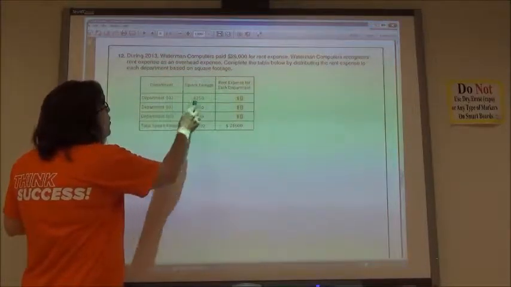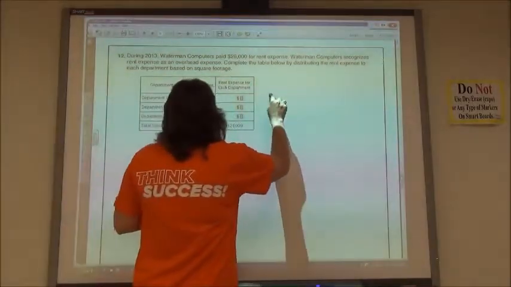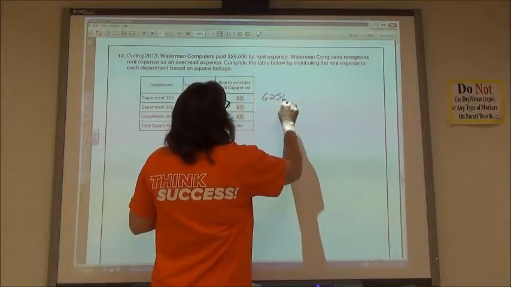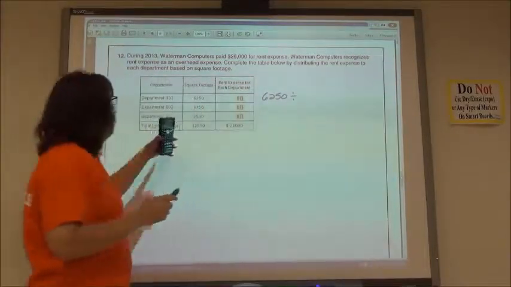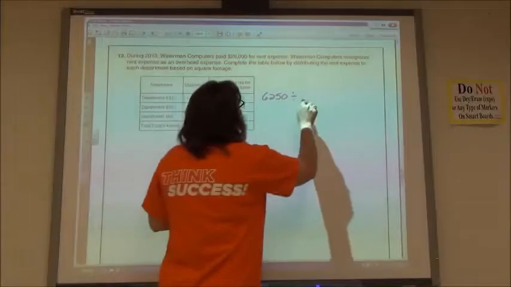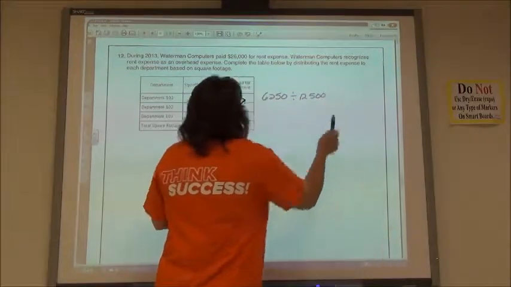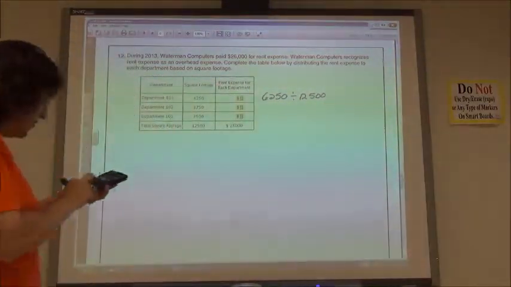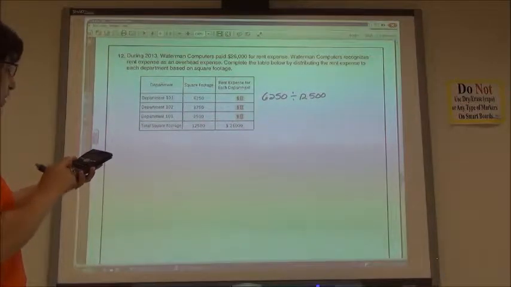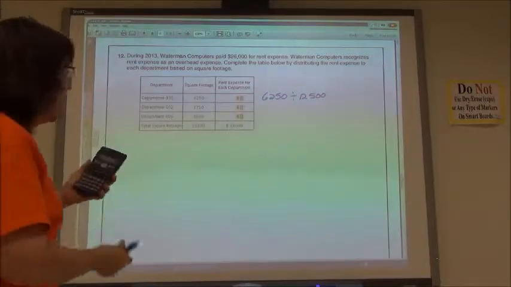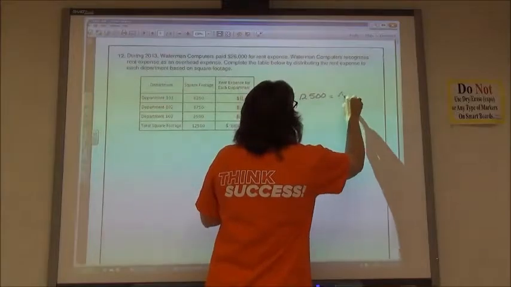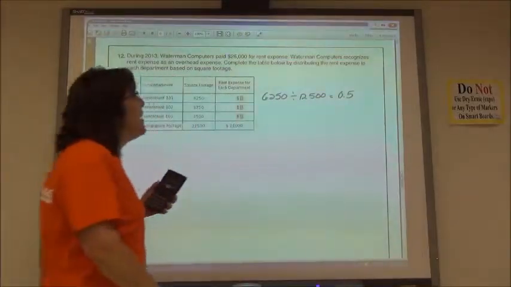So, Department 101, its square footage is 6,250. The total square footage, 12,500. So 6,250 divided by 12,500, they have 50% of the space.